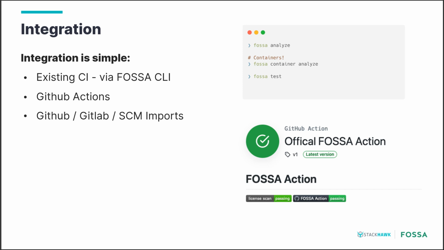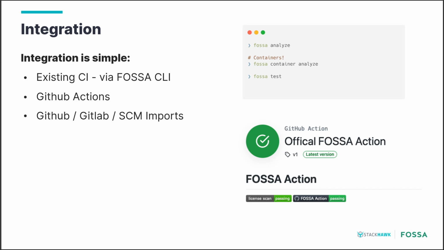Or if you're using GitHub Actions, as we are today, we have a really nice GitHub Action that wraps this tool in a nice wrapper that you can just use. Or if you want something a little bit simpler, you can do a one-click import with GitHub or GitLab or whatever SCM you happen to be using, and that will work for just about everything, including container scanning.